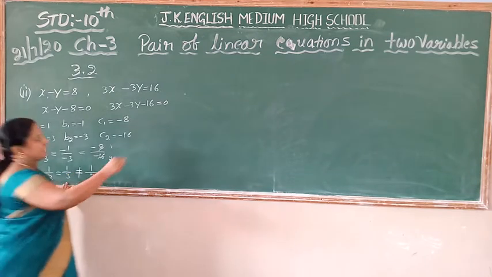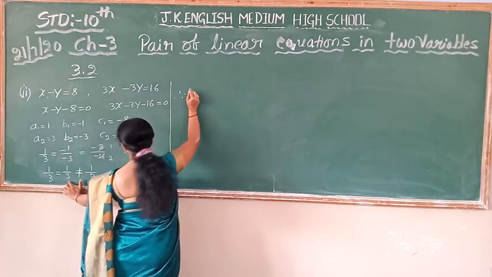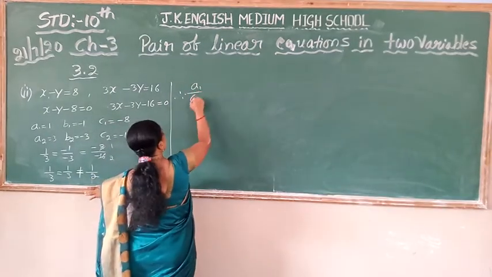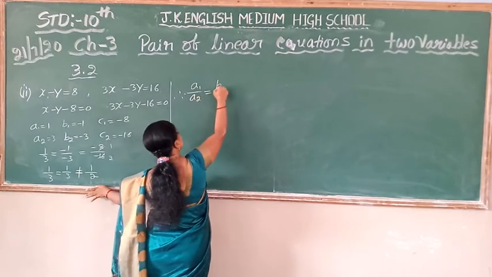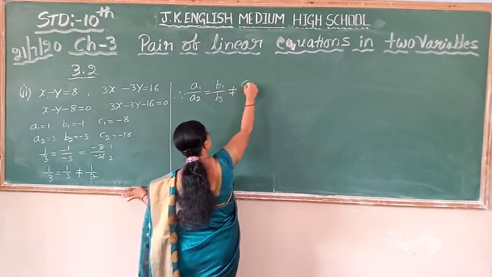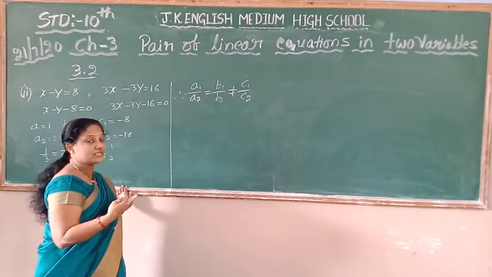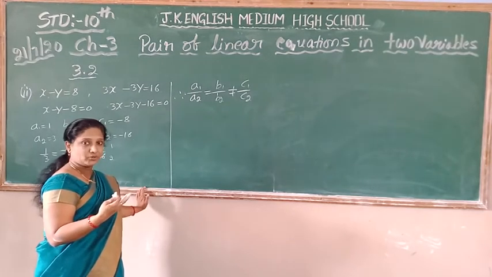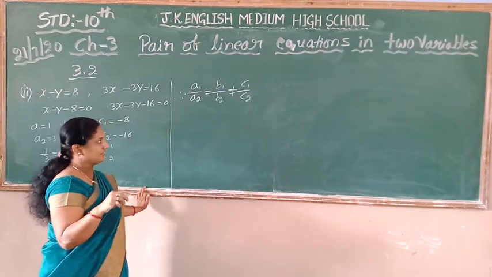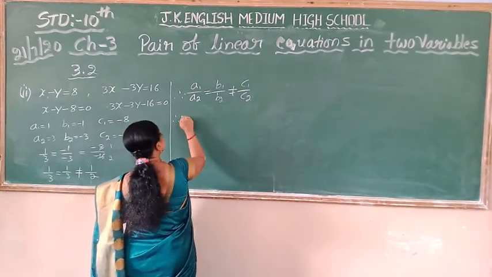So which type of lines then? See now. By seeing this condition, a1 by a2 is equal to b1 by b2 is not equal to c1 by c2. If this condition is satisfied, children, what type of lines will you get? You will get parallel lines. Therefore, the lines are parallel.